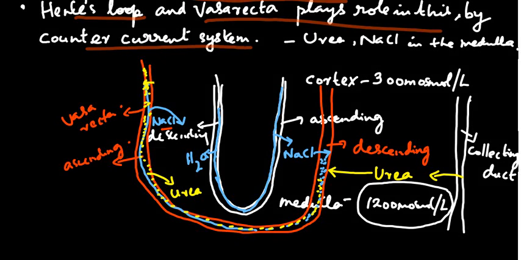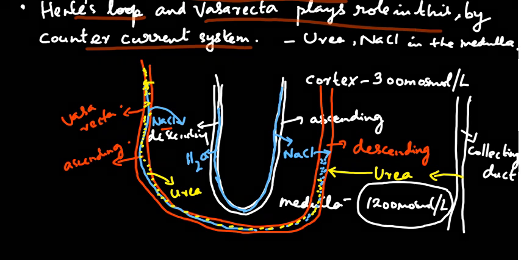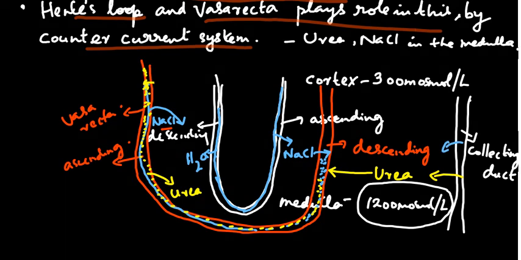Now when there is more urea and sodium chloride in the medulla interstitium, the tendency of water to come out from the collecting duct is more, because here the osmolarity is more, so the water will come out due to diffusion. So water will move out of the collecting duct.